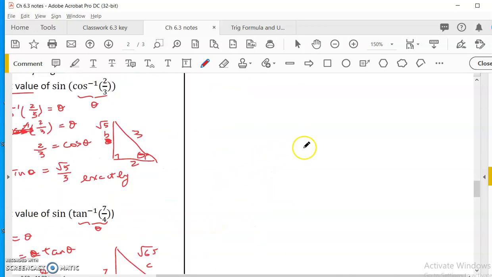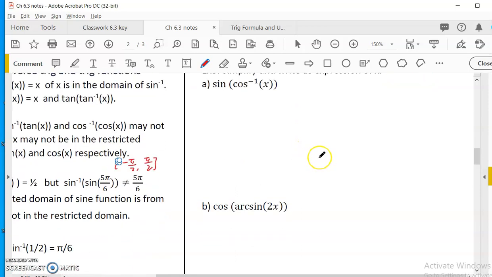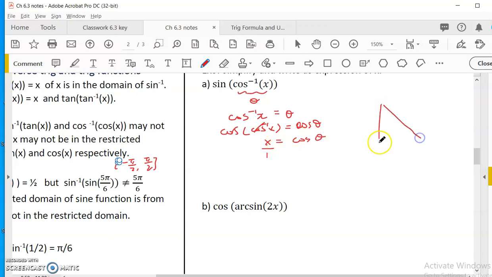Two more composition questions. In this case, we have sine of cosine inverse of x. We don't know what theta is, so we do the same thing: cosine inverse x equals theta, and we take cosine of both sides. So x is equal to cosine theta, which we can write as x over 1. It's not a number, but we can still draw a right triangle.